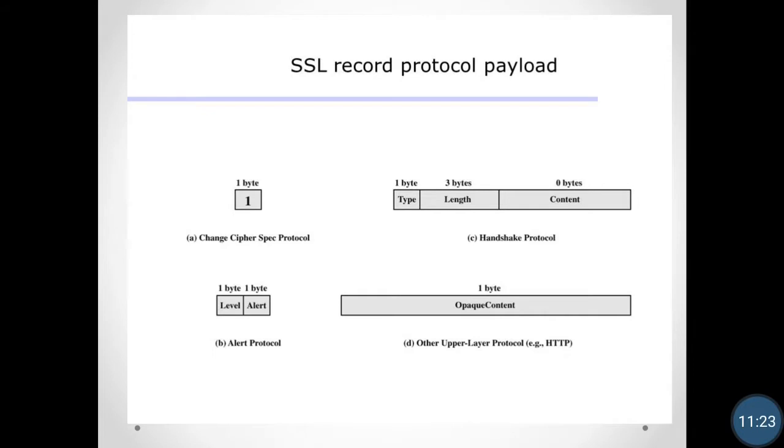We have two other protocols here, change cipher spec protocol and alert protocol. Change cipher spec protocol is only 1 byte long and has only one field, and alert protocol has two fields, level and alert, both 1 byte long. Description of these two protocols is as above.